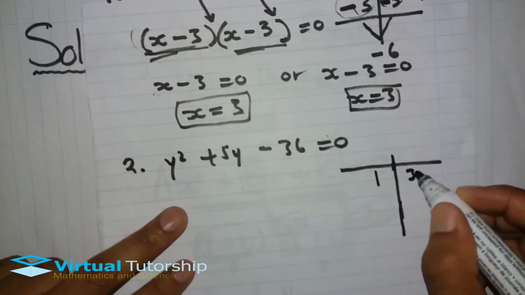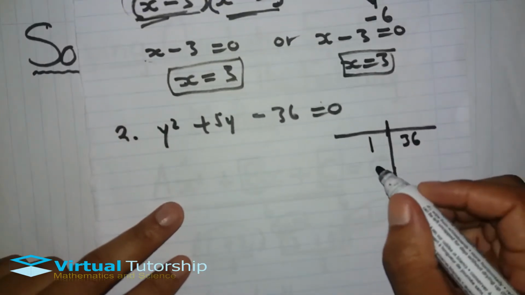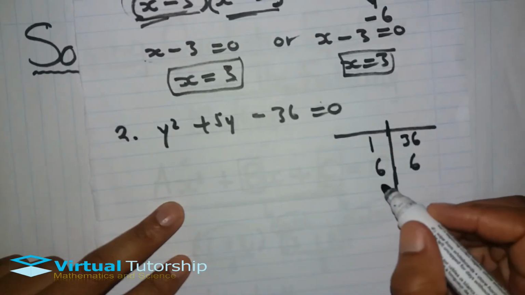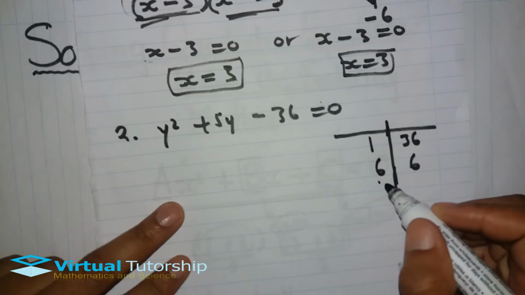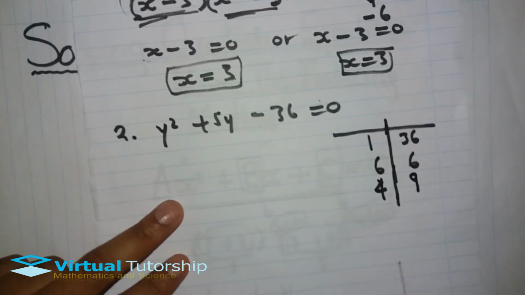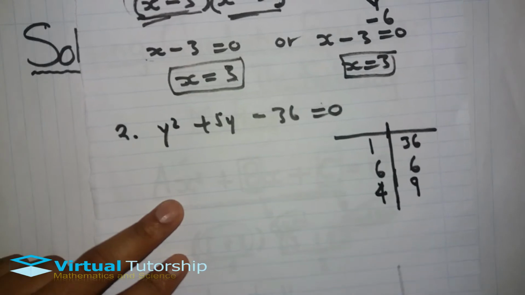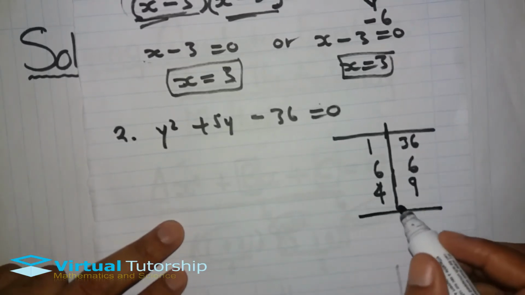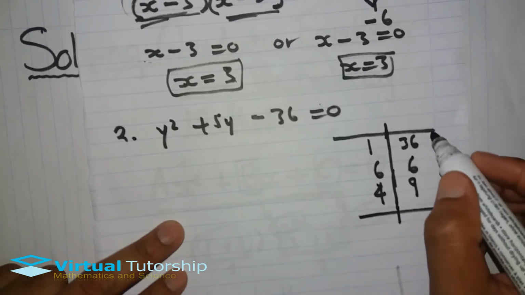It's 1 and 36, 6 and 6 banginikeza u-36, 4 and 9. 4 and 9, let me check. 4 and 9, yes, 4 and 9. So aphelela la ama-factors wami, ne?